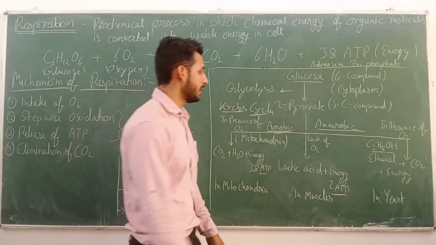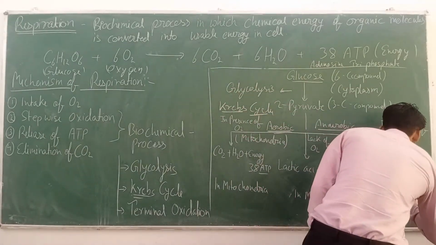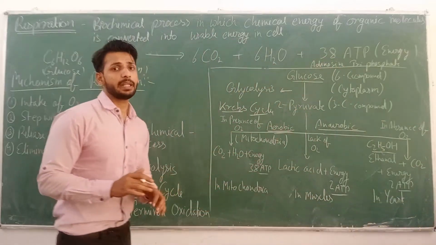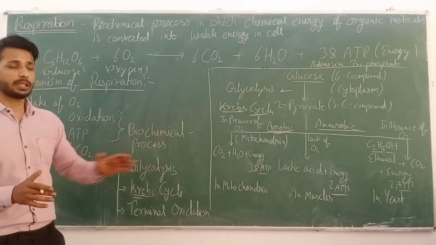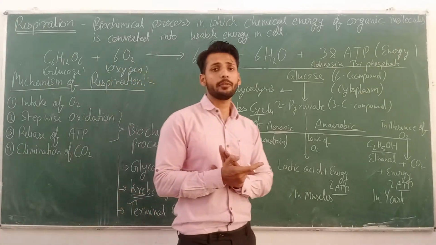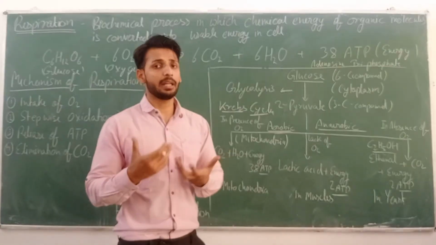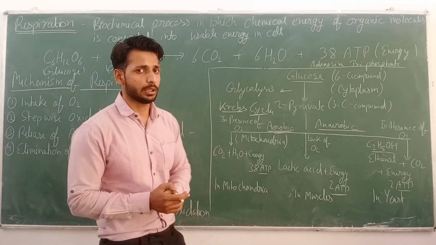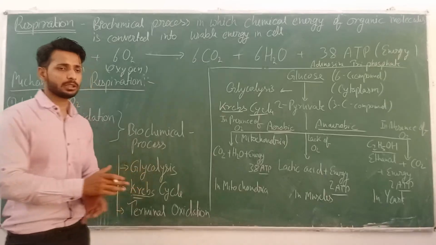Here also 2 ATP are released. The energy produced in anaerobic respiration is very little in comparison to aerobic respiration, because here we have a lack of oxygen and the oxygen demand is not fulfilled, so less energy is produced in this process. I hope this process is clear to you.